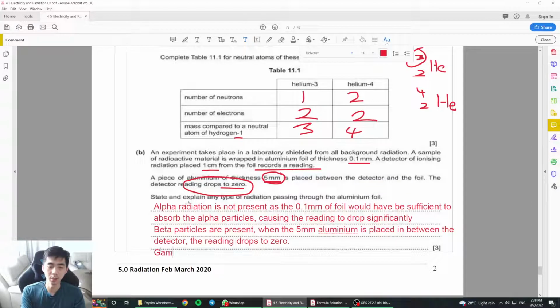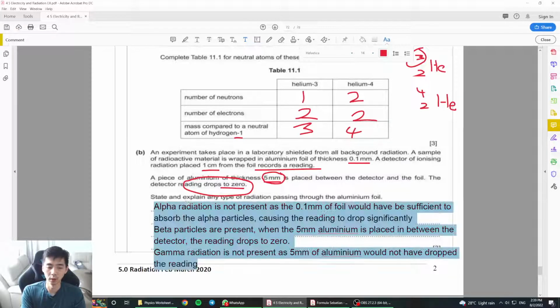And finally, gamma radiation is not present as 5 mm of aluminium would not have dropped the reading. Something along these lines.